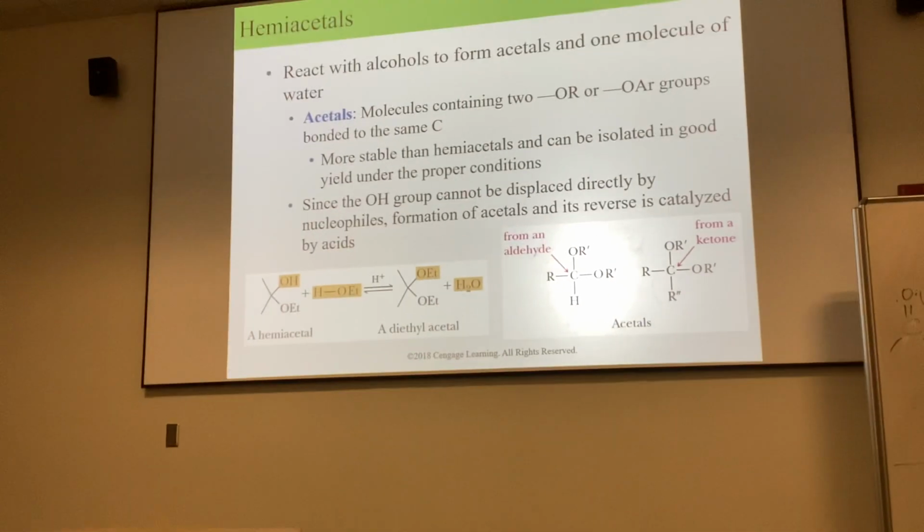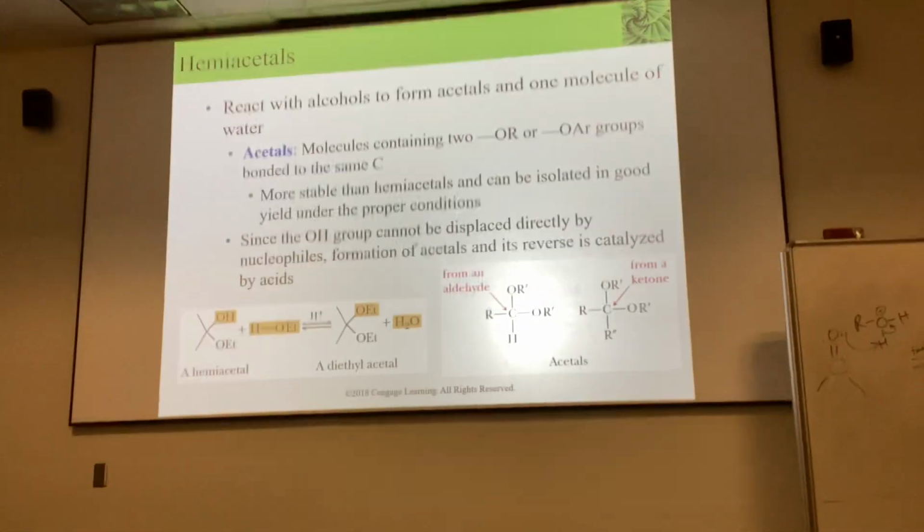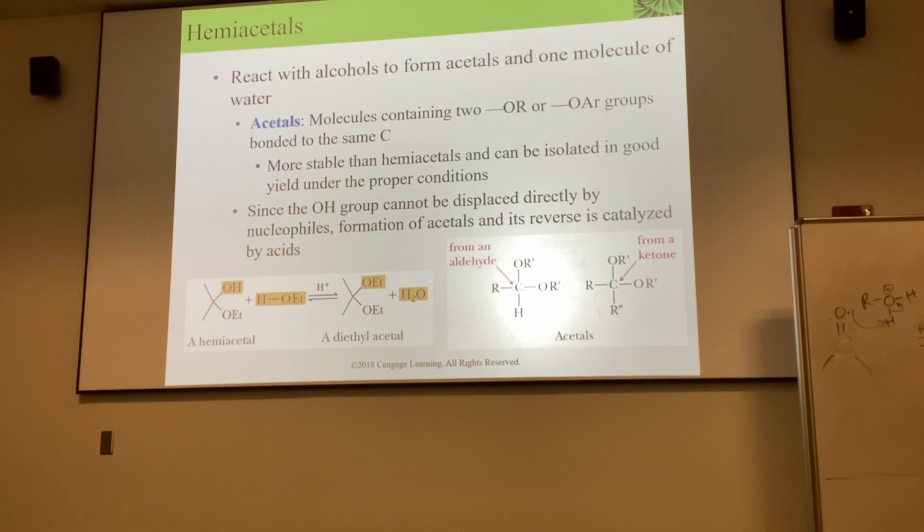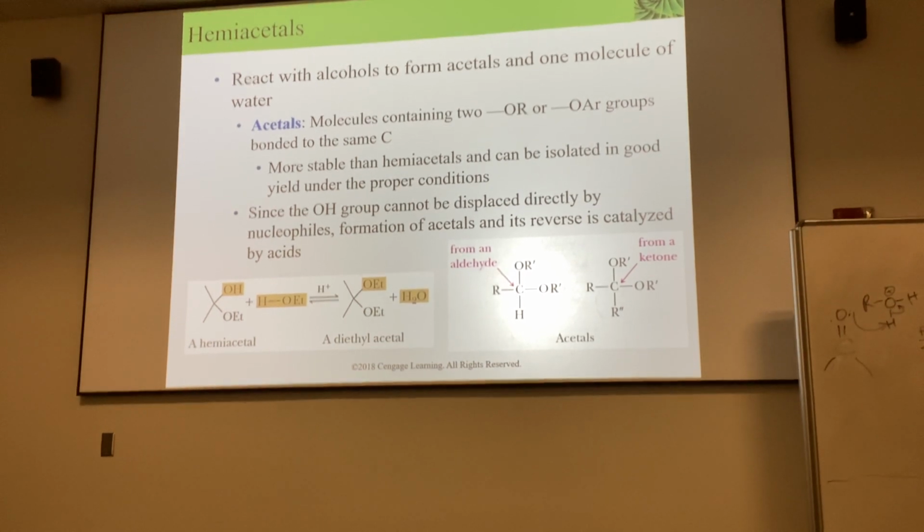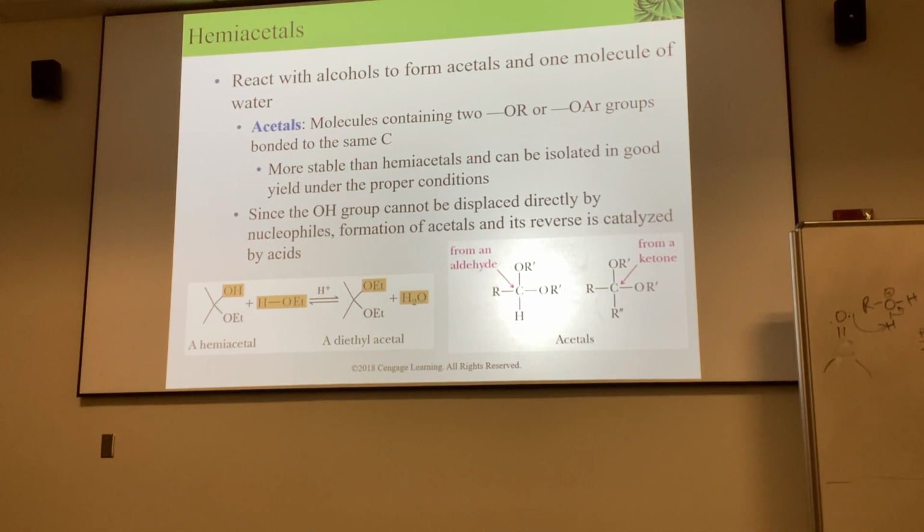So, hemiacetals. Hold on, we're going to do this slide and then we're going to stop. Hemiacetals, once we make them, what can we do with them? Well, we can react them with alcohols to form an acetal and a molecule of water. So that's what our next step is going to do. We just did one step to form a hemiacetal, and then basically, if we do that, we can just keep going because we have a bunch more alcohol.